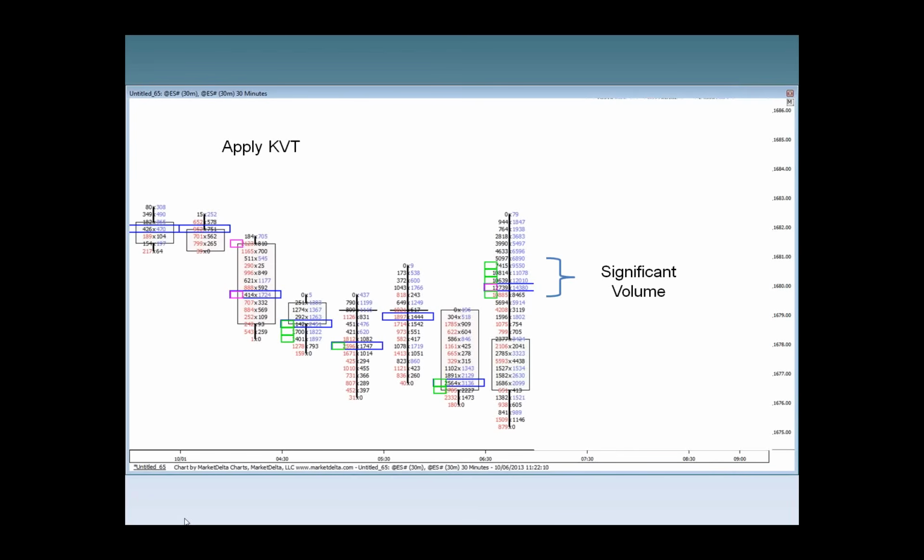And so the premise of the KVT is I would like to be able to identify for myself price levels where all of a sudden we have significant increases in volume. That is basically what the KVT does.